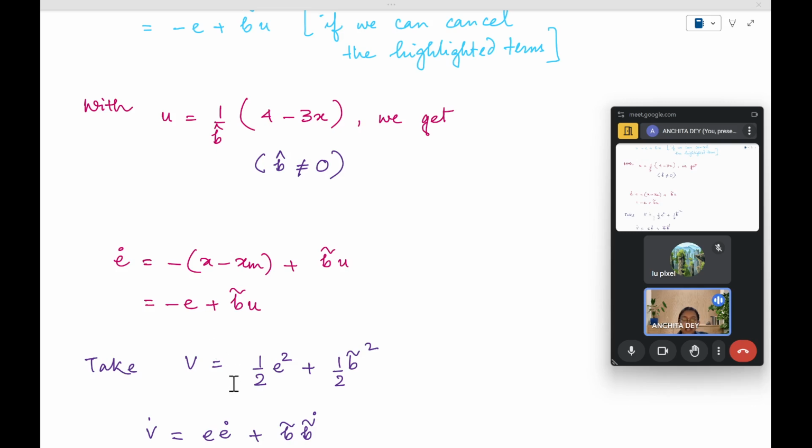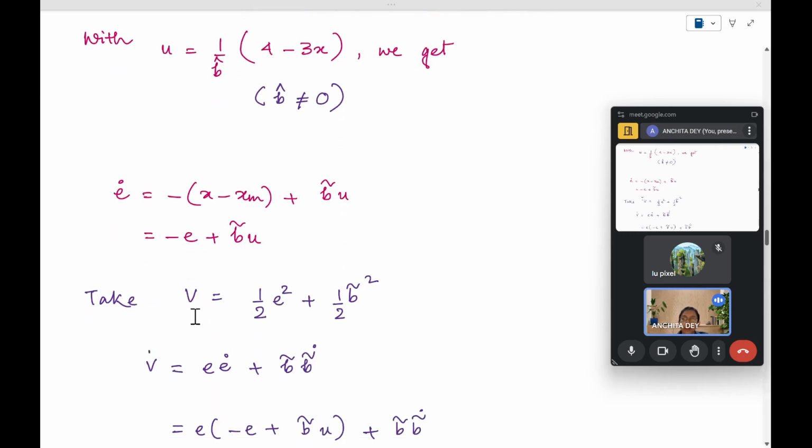So now we take V, the Lyapunov function candidate, to be half E square plus half b tilde square, because we will be designing a learning law for b hat as well, and you want your b tilde to be going to 0, right? Just like we considered E here, because we want x to follow xm, which means x minus xm to be 0, which means E to be going to 0.